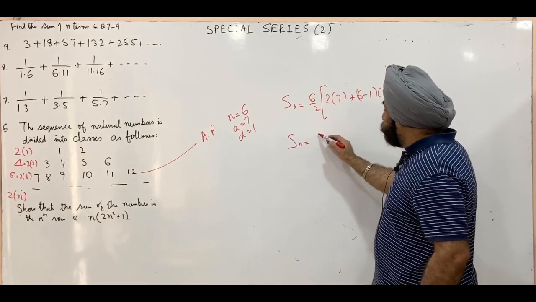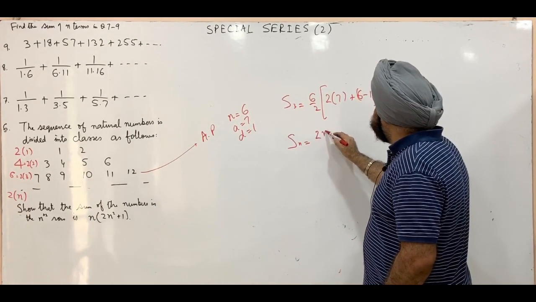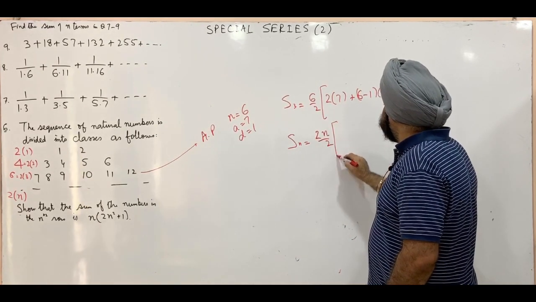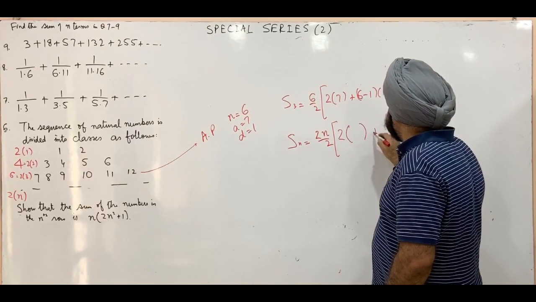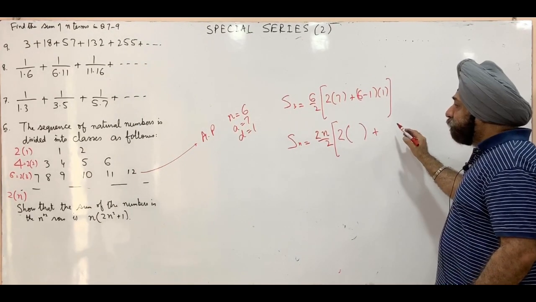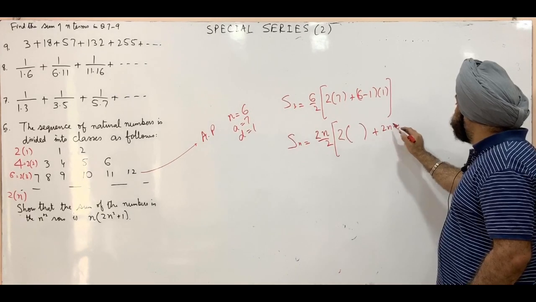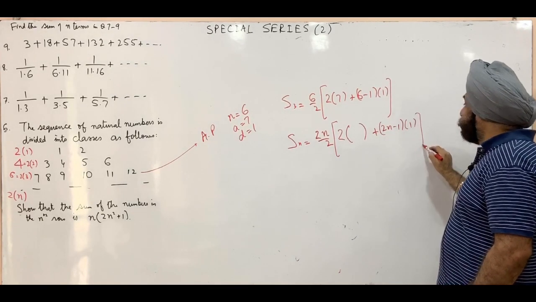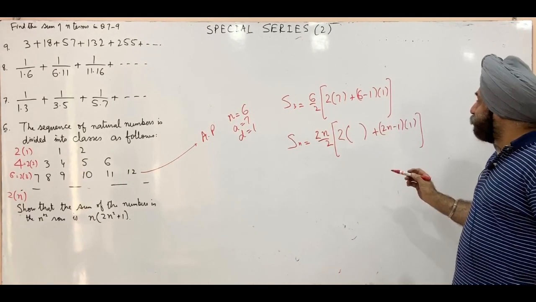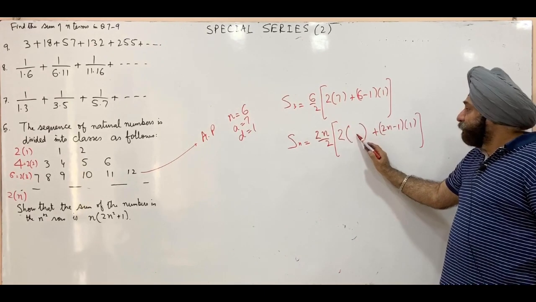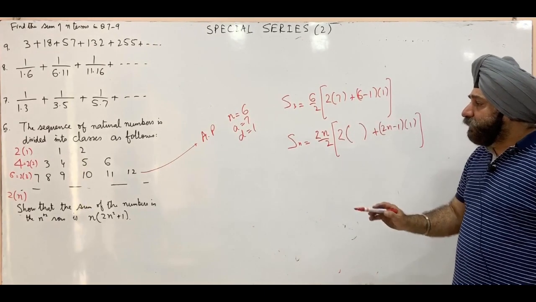So here I am to write number is 2n upon 2 into 2 times first term plus number is 2n minus 1 and common difference is 1. There is only one unknown, and that is this first term of the nth row.